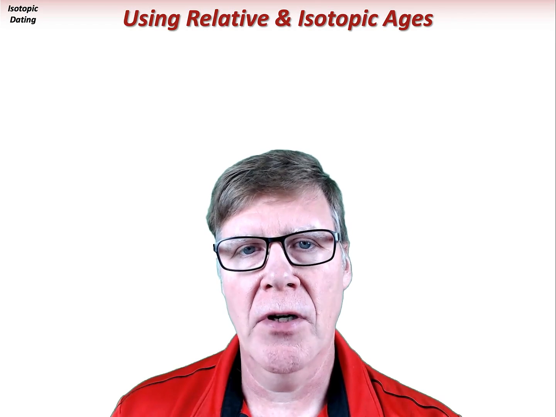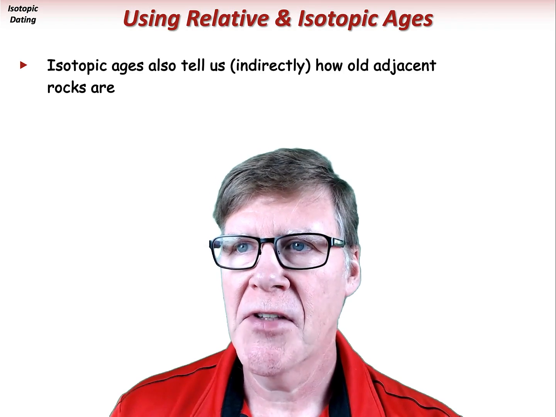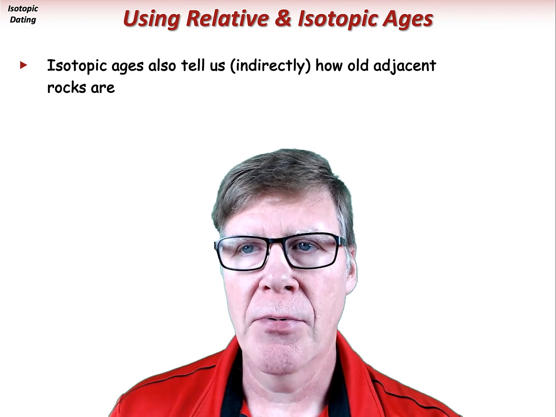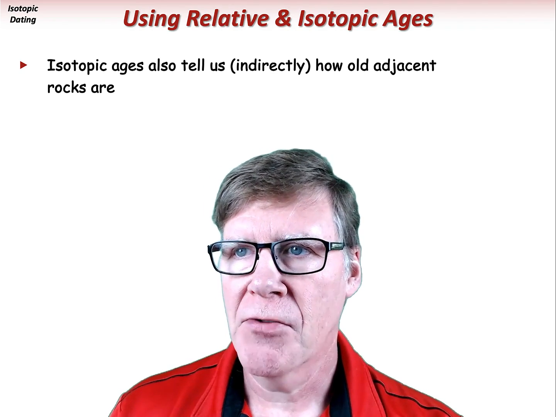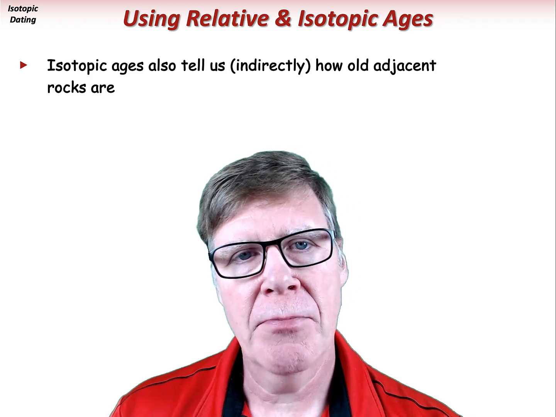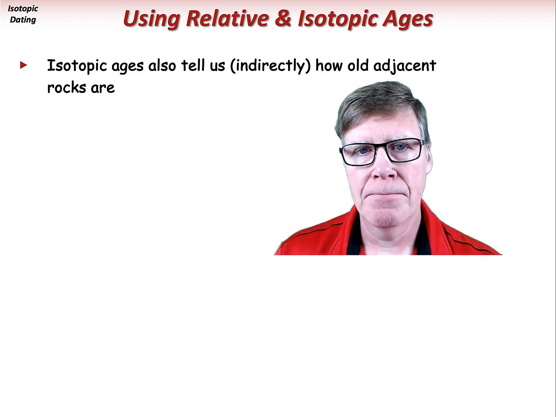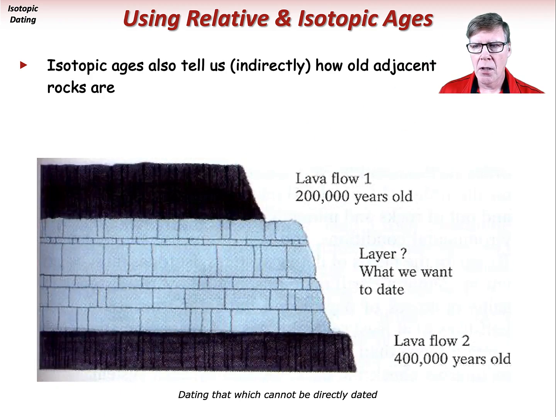Combined with various relative dating principles, isotopic dates can indirectly provide age information on surrounding rock layers, some of which might not be isotopically datable. Consider this example, where we have two lava flows, which are datable using isotopic methods, bracketing a carbonate unit or limestone, which typically lacks the required isotopes to get an isotopic age.